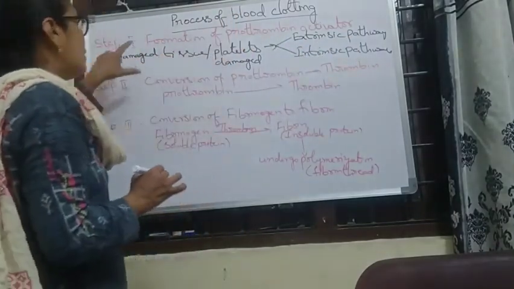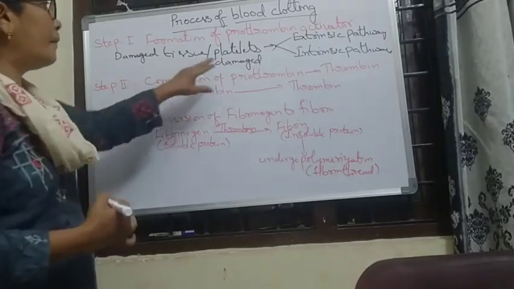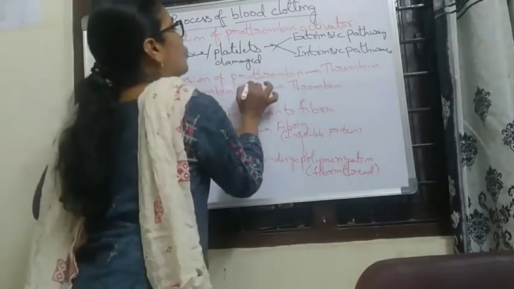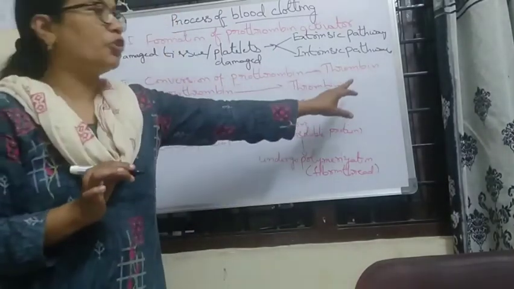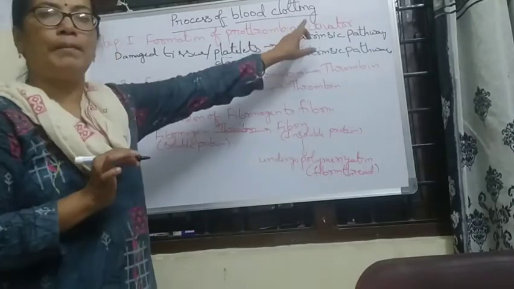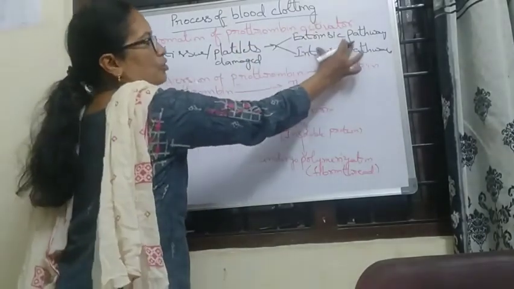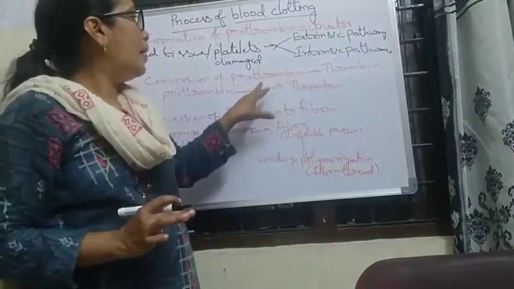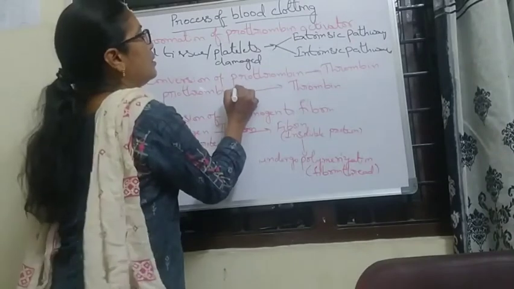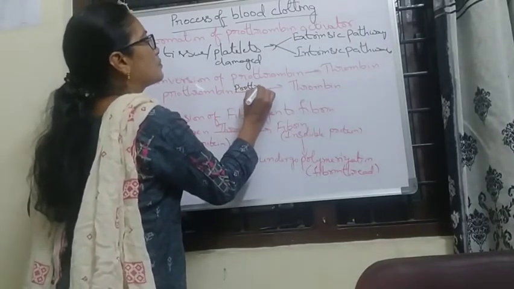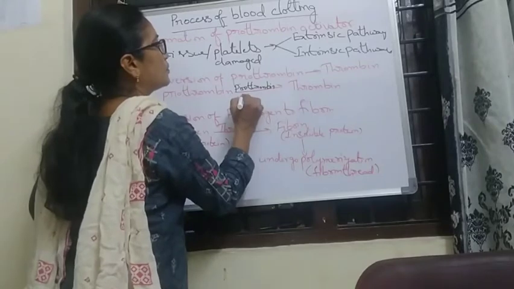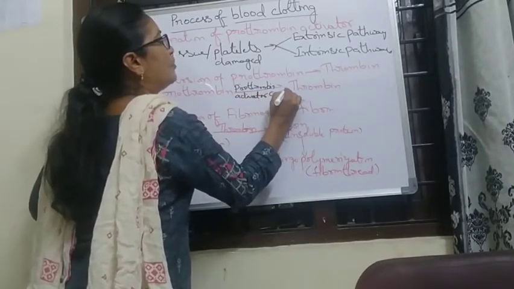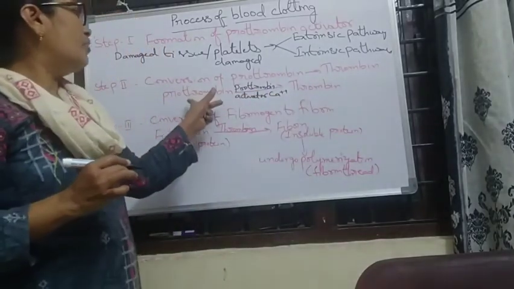In the next step, what happens? This prothrombin activator, the conversion of prothrombin. This prothrombin is converted into thrombin in the presence of prothrombin activator. Here already the prothrombin activator is formed by these extrinsic and intrinsic pathways. By this prothrombin activator and calcium ions, they convert the prothrombin.